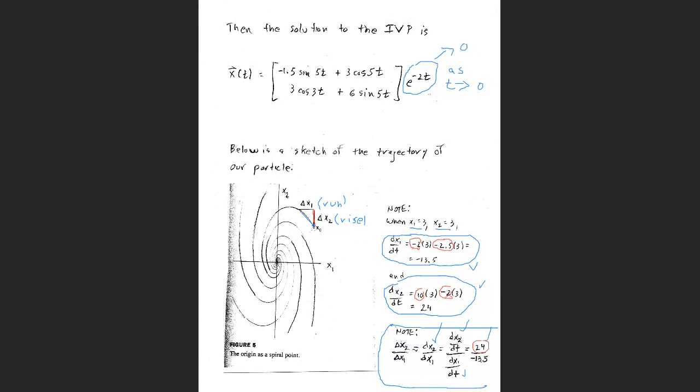And then dx1 is -13.5, which means we run to the left because the run is negative. After some time has transpired, the particle is committed to moving counterclockwise. And this is the reason why, or this is one way to see it.